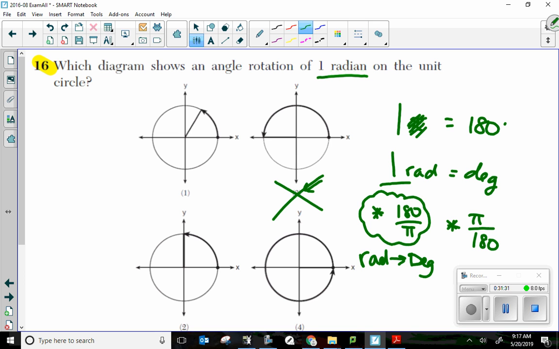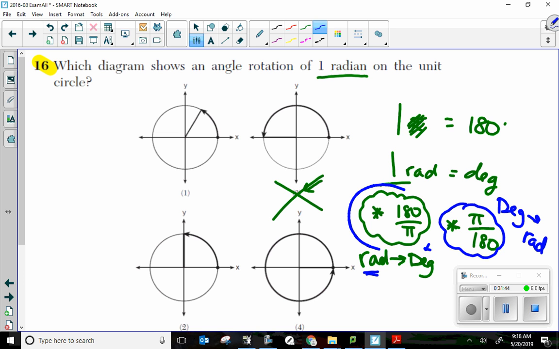This one here is if you have degrees and want to go to radians. We have radians and I want degrees, so I'm going to take the number 1 and multiply it by 180 over pi.